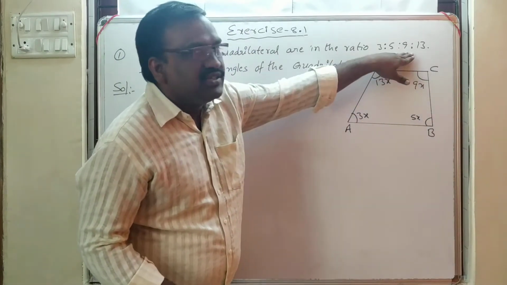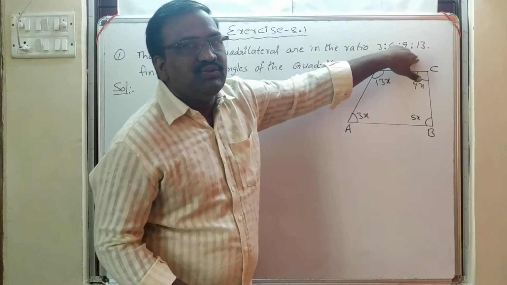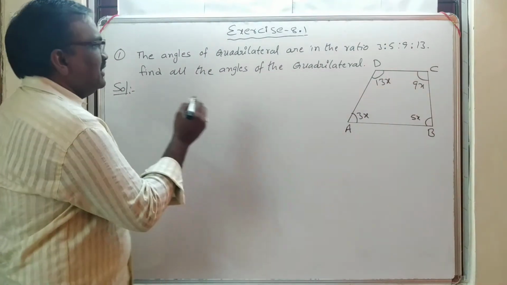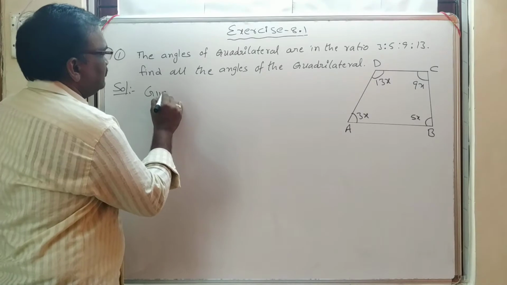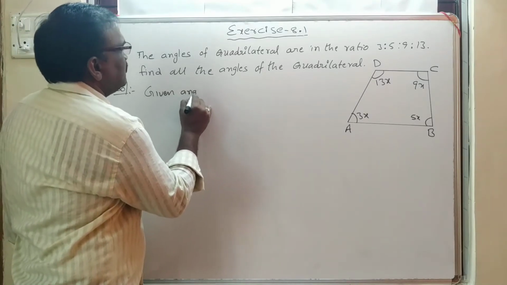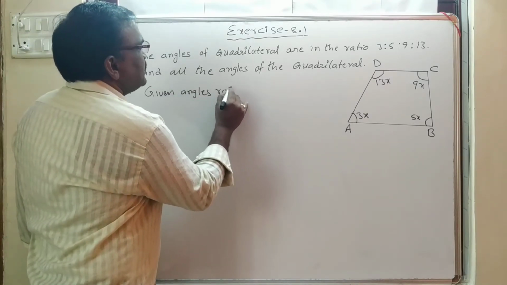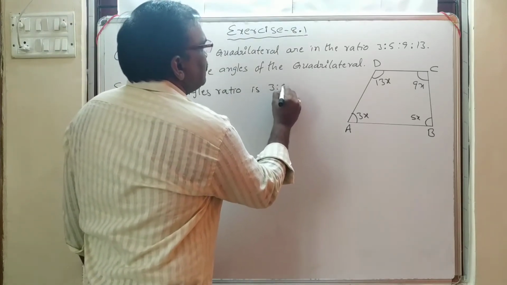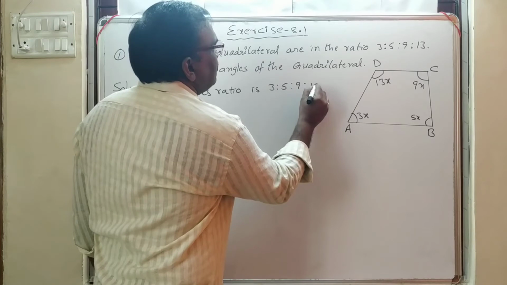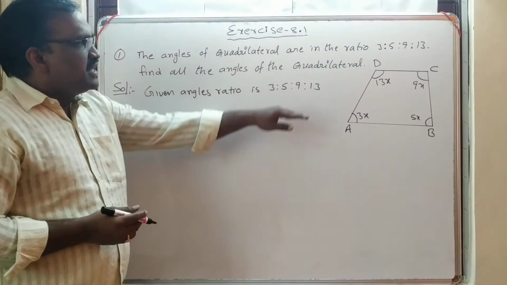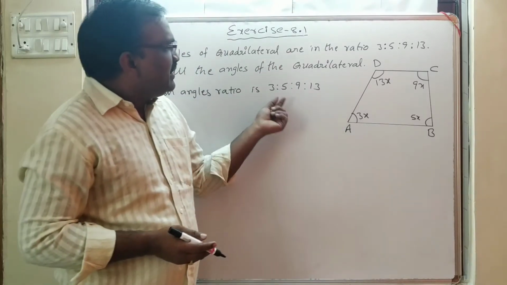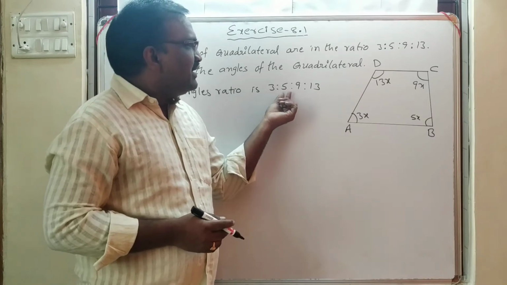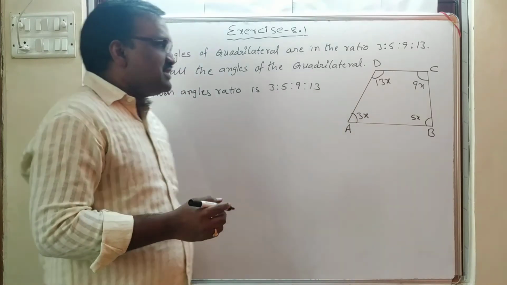So what is the angles ratio given? 3:5:9:13. This is the ratio.